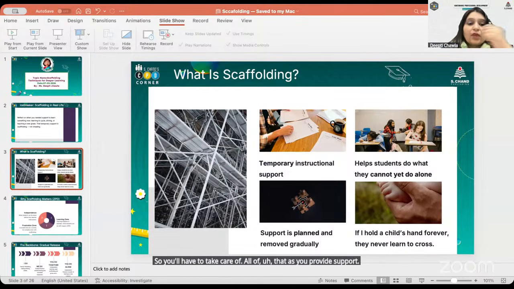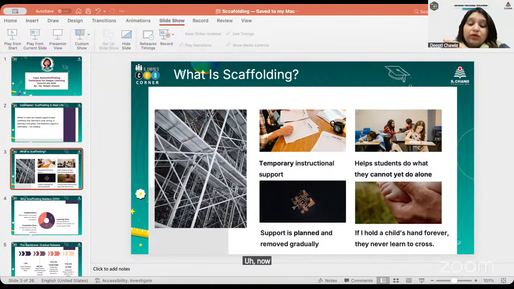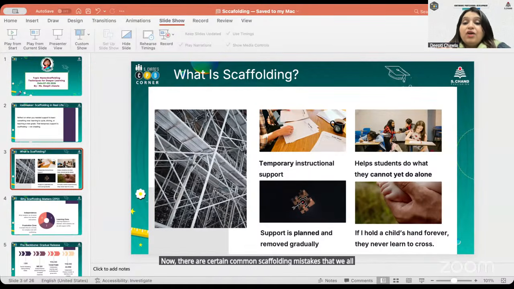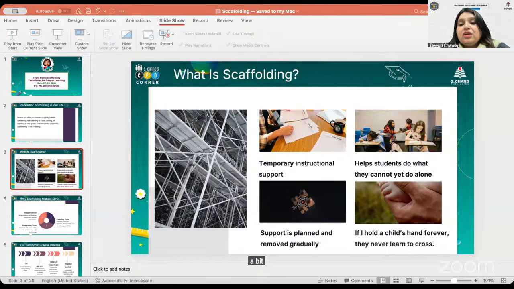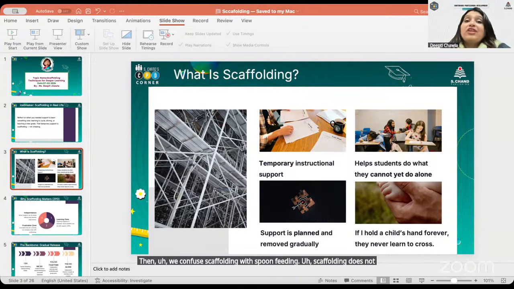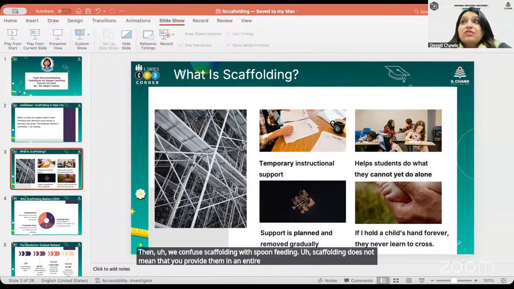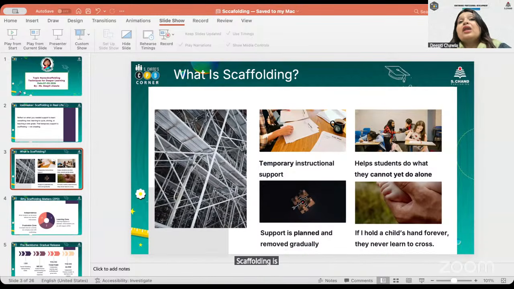Now, there are certain common scaffolding mistakes that we all make. We do a bit of over explaining or helping for too long. Then we confuse scaffolding with spoon feeding. Scaffolding does not mean that you provide them with an entire answer. Scaffolding is helping them to arrive at the expected response.